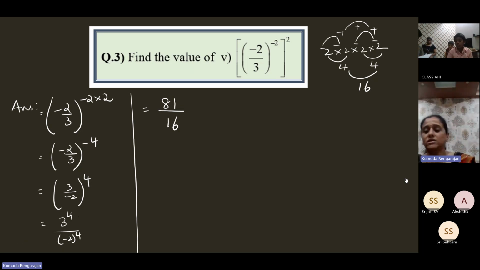So see, some of you answered too quickly and you are all wrong. Those who answered first, 16/81 or minus 16/81, something, but not correct. And finally, we realized we didn't handle it properly. This was a very simple question. You should have answered it correctly in the first shot itself.